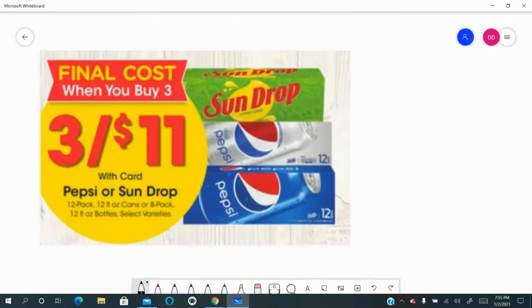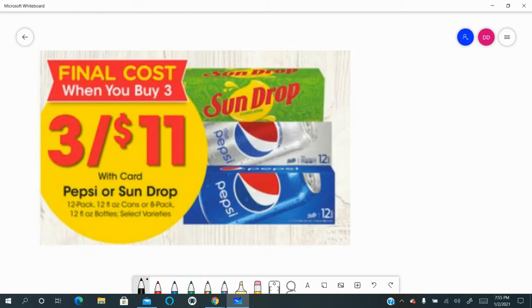Okay, let's look at another one. Let's do the Sundrop. Well, actually, it's Pepsi products. Sundrop, Pepsi, and Diet Pepsi. 3 for $11 with your card. So I know we see 3, it even looks like 3 divided by 11.